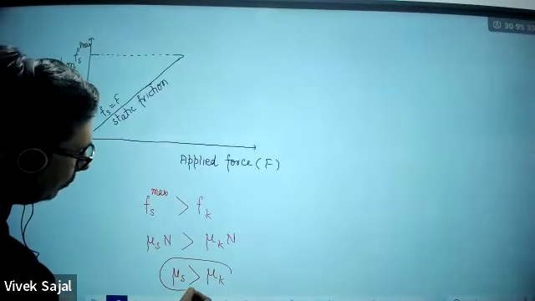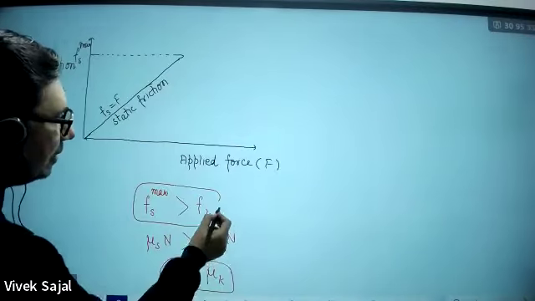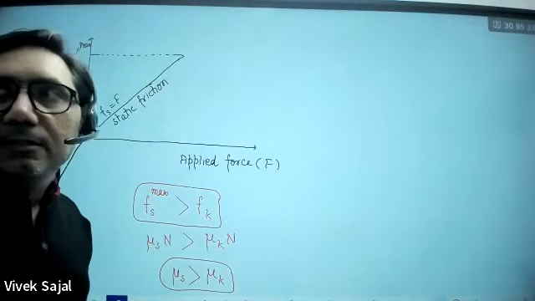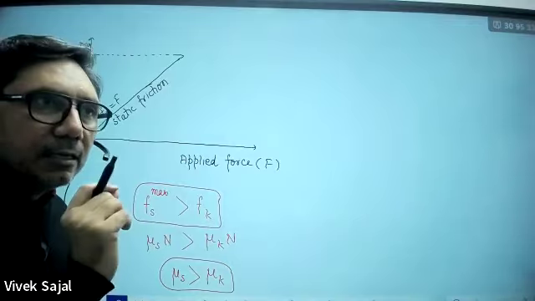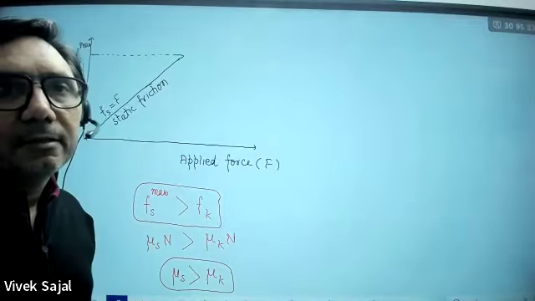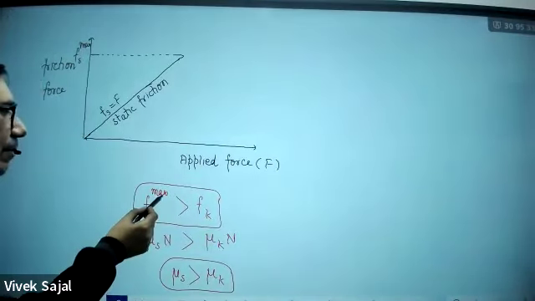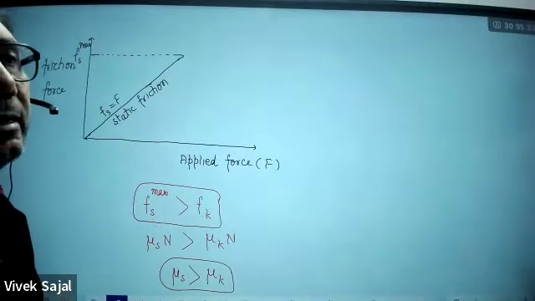This relation you should remember. But remember, you cannot say that static friction is always greater than kinetic friction force. No, it's not always, because static friction is variable. That statement is not correct. But you can say the maximum value of static friction force is always greater than the kinetic friction force.